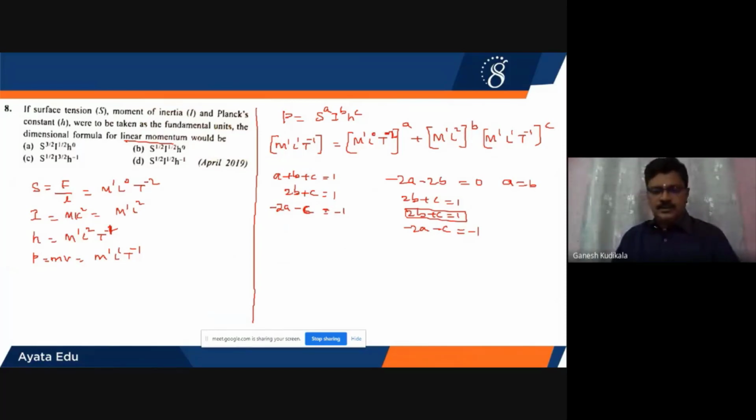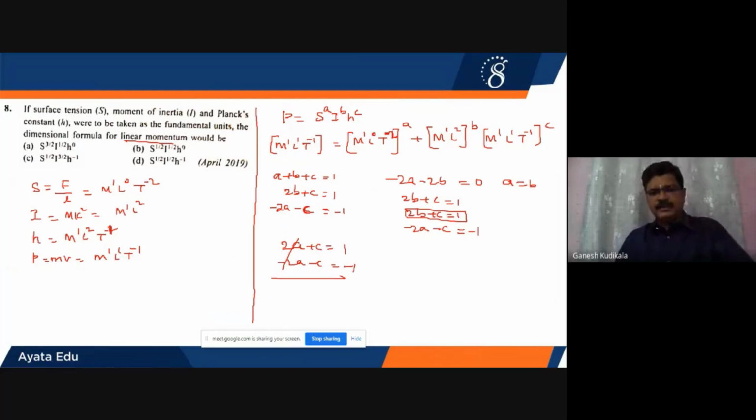Okay, now minus 2A minus C will be equal to minus 1. If I replace this, that will be useful for me now, because I can find the C value. So here if I replace A, I'll get 2A plus C is equal to 1, and minus 2A minus C will be equal to minus 1.